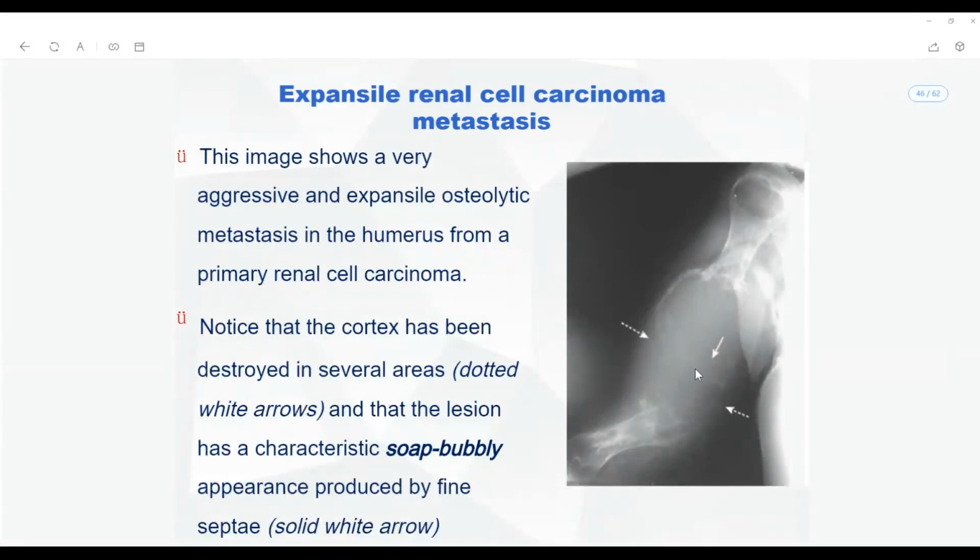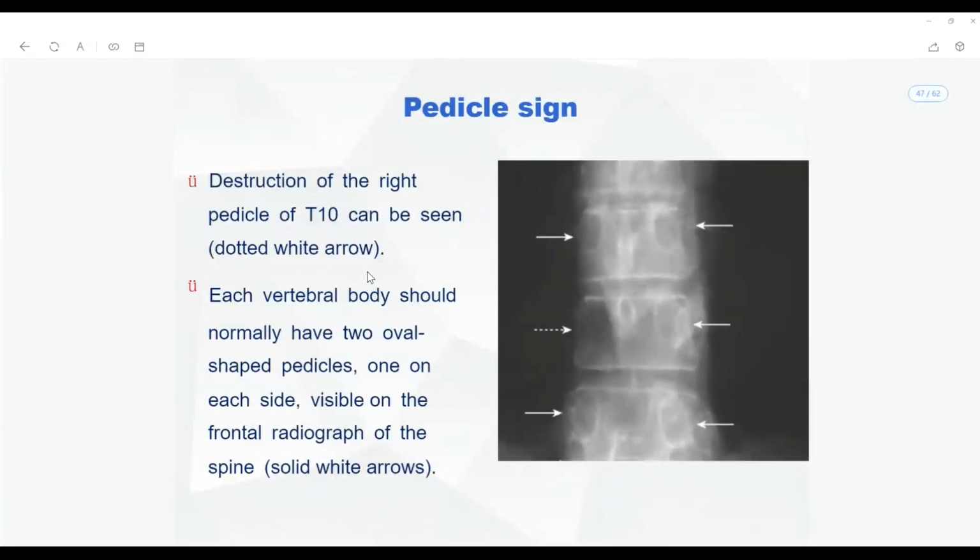Okay, and then we can see another characteristic feature when it comes to compression of the vertebrae, where there will be destruction of the pedicles.